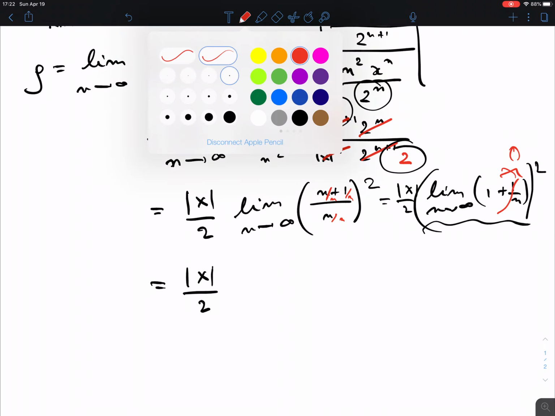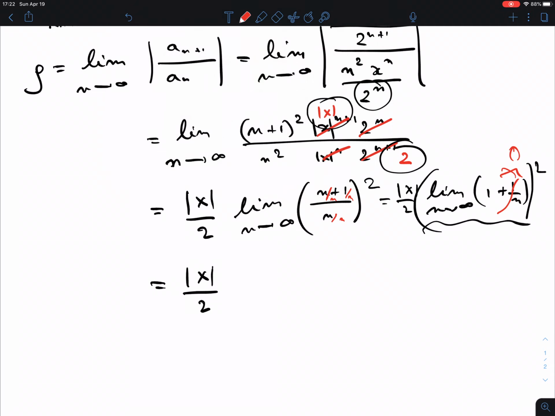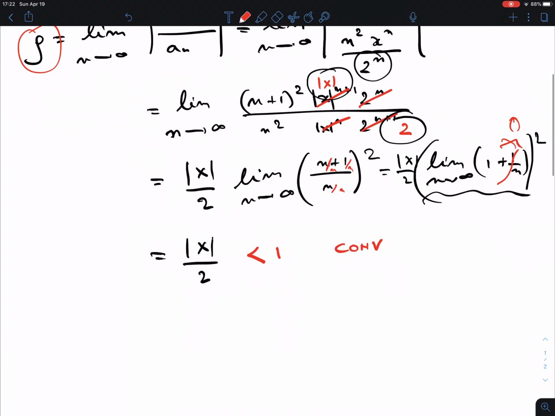And then don't forget, there is a condition now. We're doing the ratio test, and the ratio test tells us if this rho is less than 1, then we have convergence. Okay? So now, the radius of convergence. How do you find the radius of convergence? Be very careful to not say, oh, it's 1.